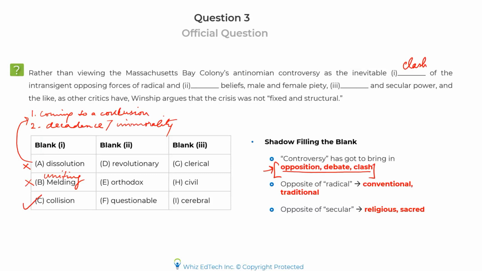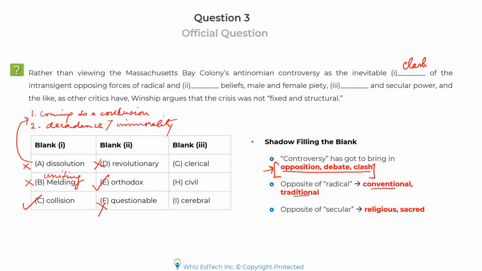The second blank should have words aligned with conventional and traditional. So it cannot be revolutionary, which is just the opposite. It has to be orthodox. Orthodox means something very conventional, very traditional, not moving away from the established norms, definitely not questionable. So we do go with C and E.